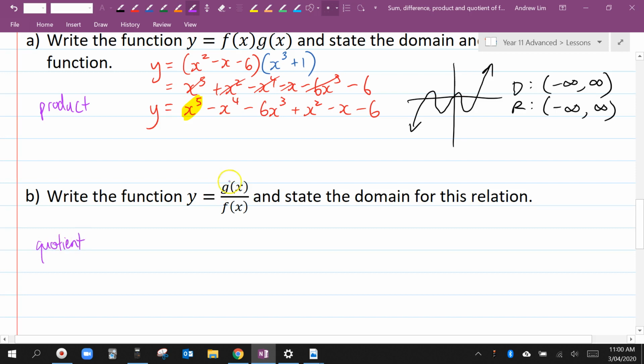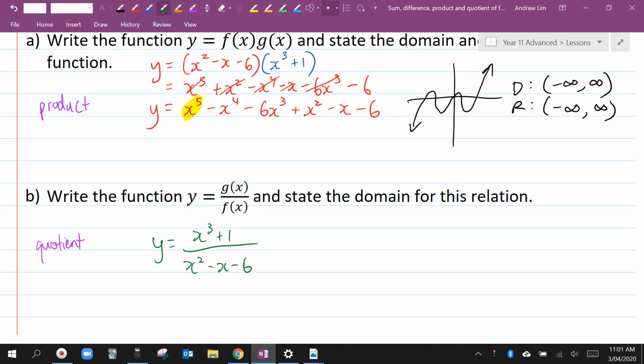Because we can see this is division, and the quotient is the answer you get when you divide. So we have y is equal to g of x, which is x cubed plus 1, over f of x. f of x is x squared minus x minus 6. And that's it. Okay, so we've written that function.